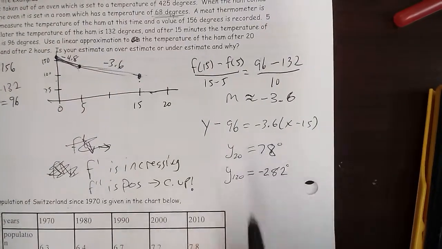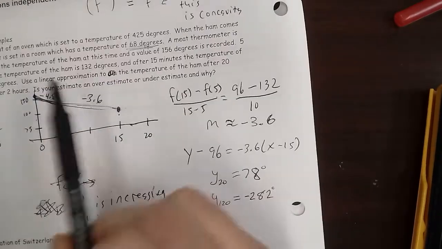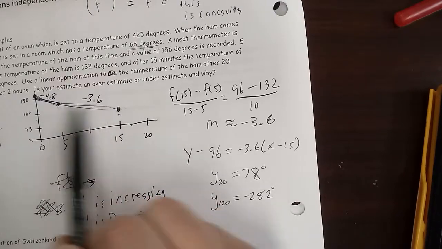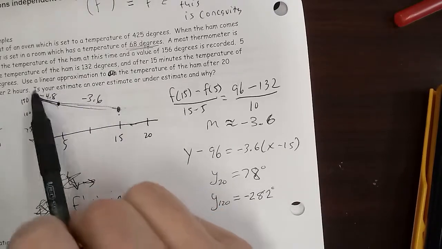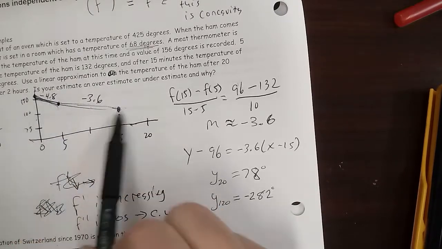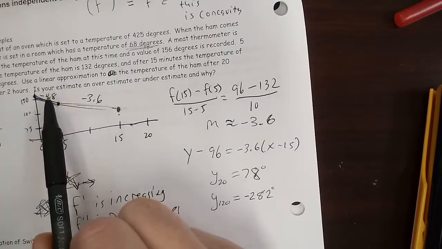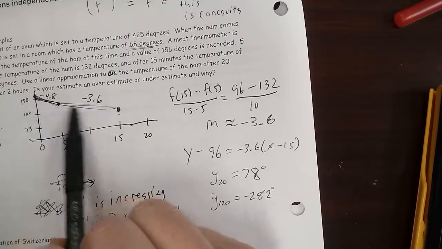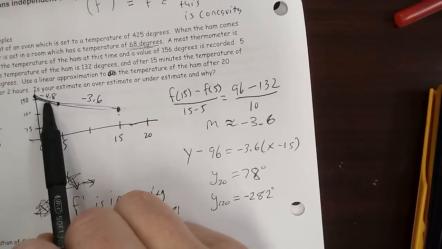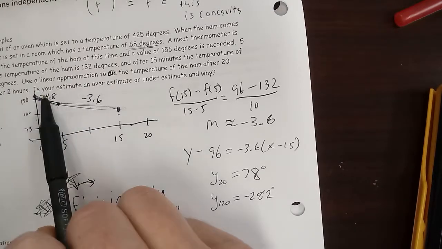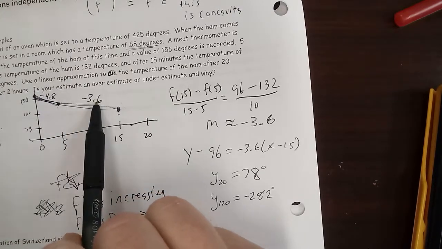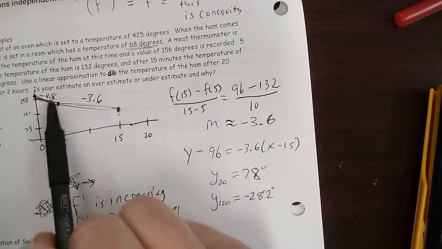All right, let me try to restate that really quick. F prime between these two was negative 3.6. F prime here was negative 4.8. That means that as we go along, what we've been able to see so far is that F prime went from something negative to something less negative. F prime got greater. F prime is increasing.